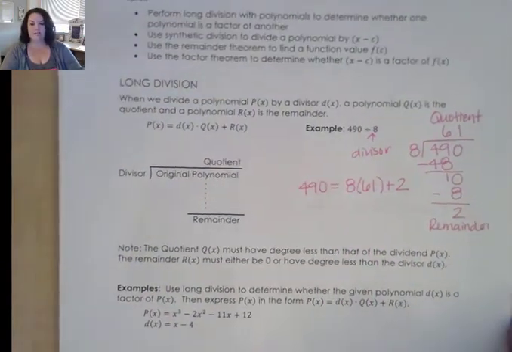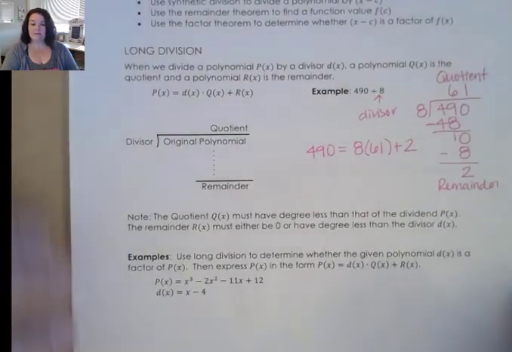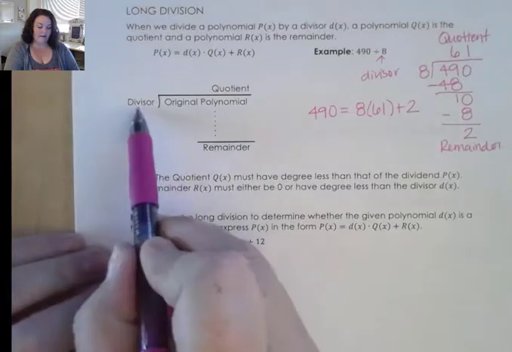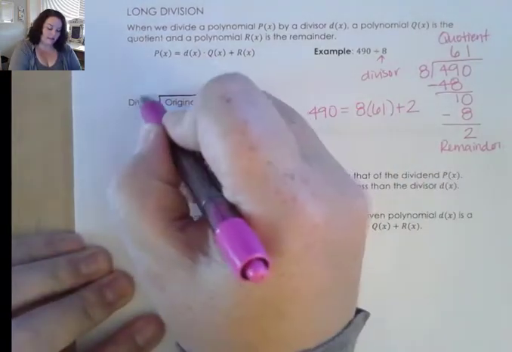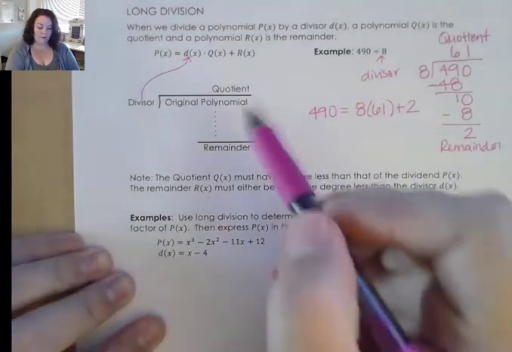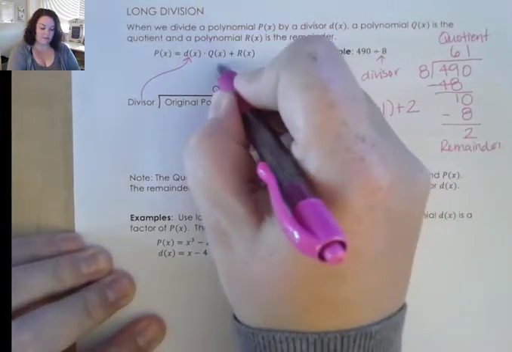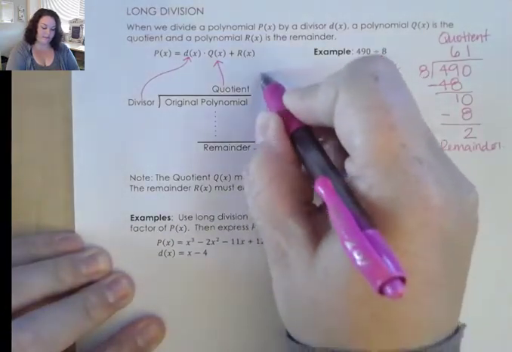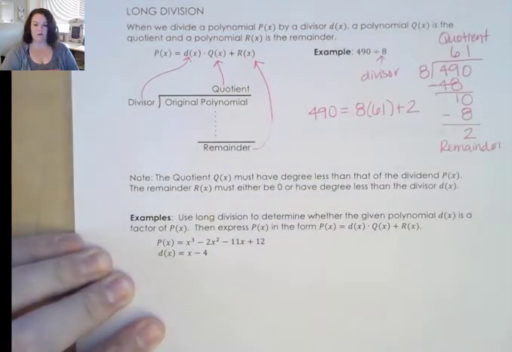All right, so let's look at doing the same type of thing with a polynomial. Whatever is out here is our divisor. That's what we call our d of x. Whatever we get for our answer, our quotient, is our q of x, and whatever we're left with, we call that our r of x.